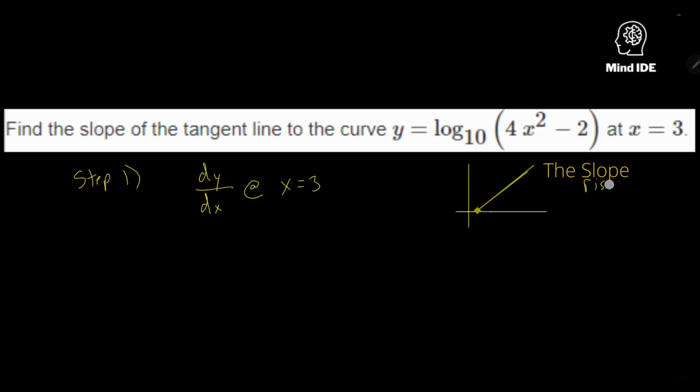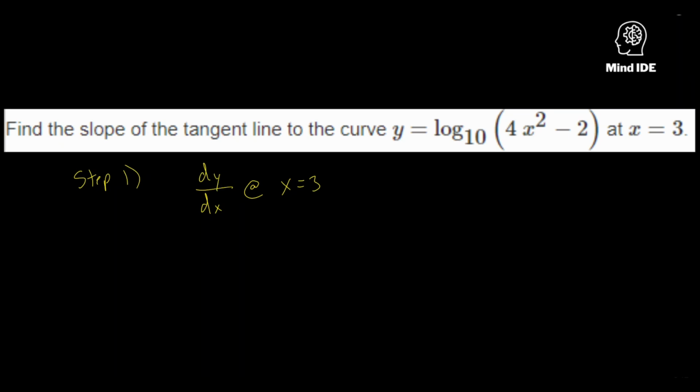You do your rise over run, or y2 minus y1 over x2 minus x1, which is essentially the change in y over the change in x. And that's what we're doing here, finding the change in y over the change in x. But because it's a curve, we can't just do a simple rise over run. We have to do derivatives.